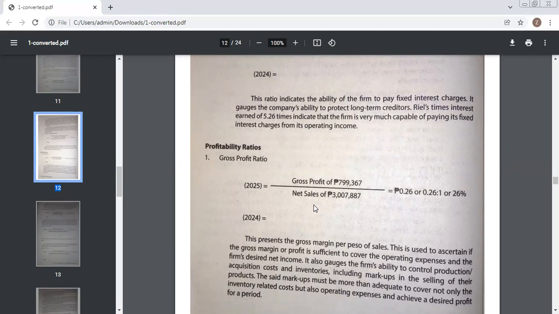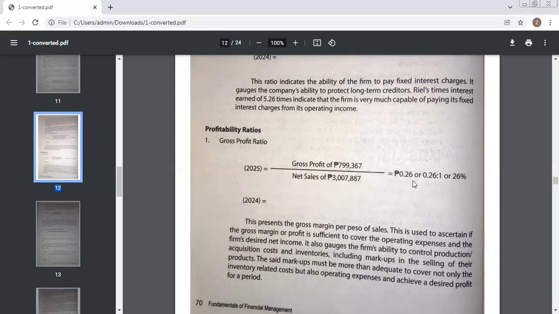The given example here is gross profit of 799,367 pesos over the net sales of 3,007,887 pesos. So it is divided and the answer is 26 cents, or 26 cents to 1.